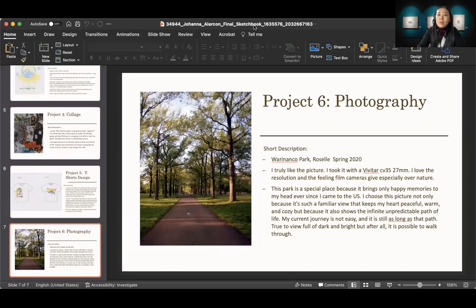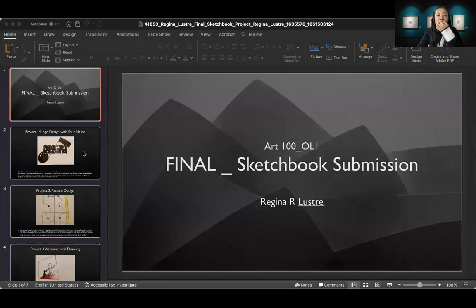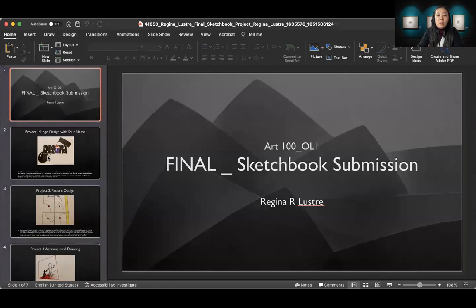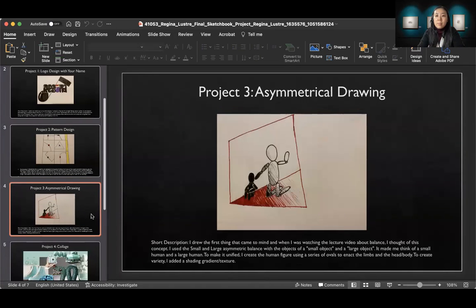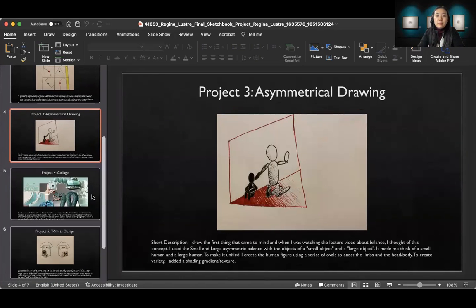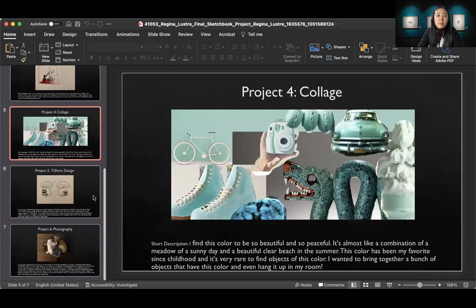And I'm gonna show you one last example. So this is the format that I will provide you. But you can change the format, whatever you want, like this.